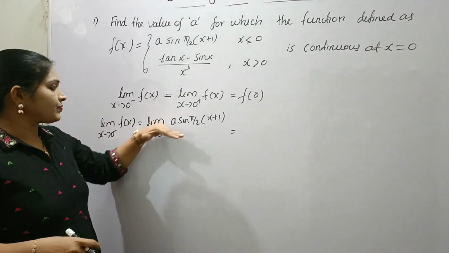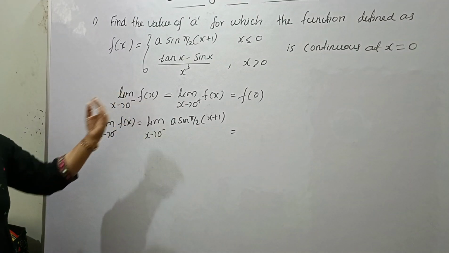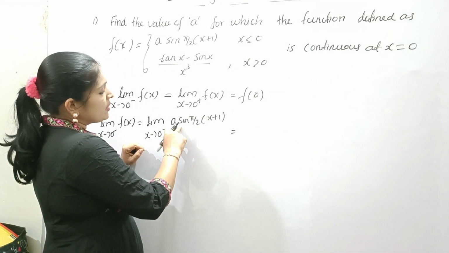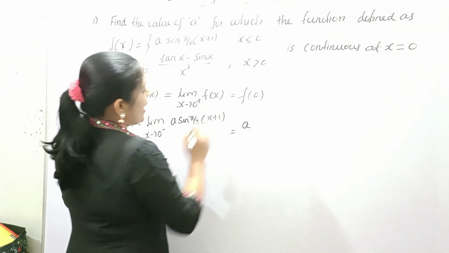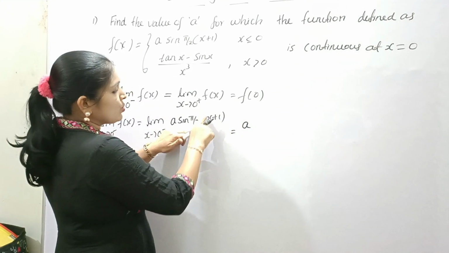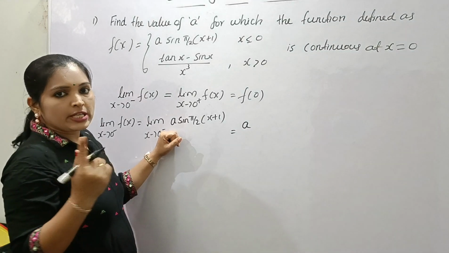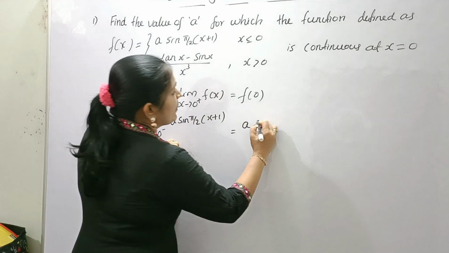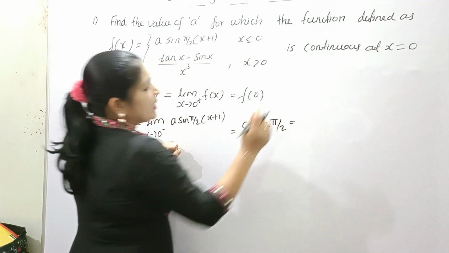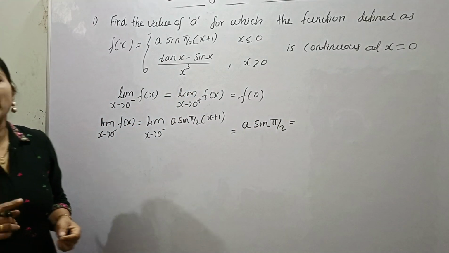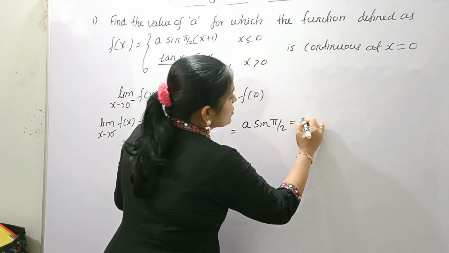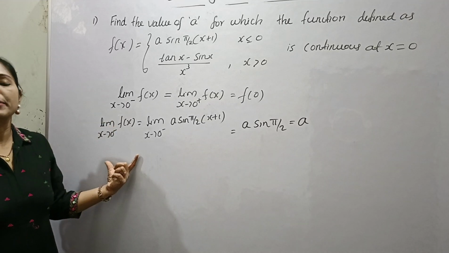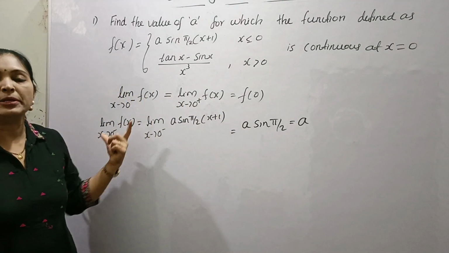So let's substitute x is equal to 0. A is constant, a into sin pi by 2 into 0 plus 1. 0 plus 1 is 1, so sin pi by 2 into 1 is nothing but sin pi by 2. What is sin pi by 2? Sin pi by 2 value is 1. So a into 1 is a. We have got the left hand limit, the value of the left hand limit is a.